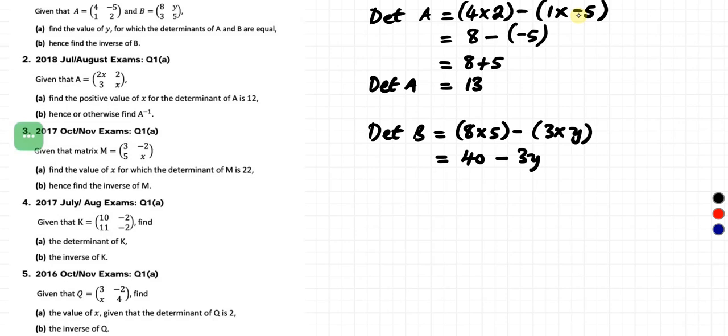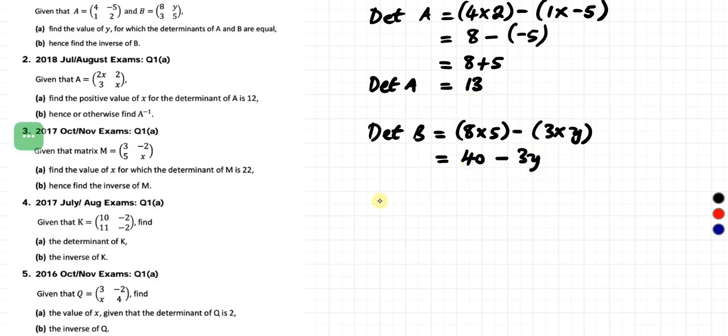I didn't put the brackets here because here I had to maintain the brackets because of that minus here. So now you are told that you should find the value of y for which the determinants of A and B are equal, meaning the determinant of A here, which is 13, is equal to the determinant of B, which is this. So here it has remained like this because we cannot further simplify 40 minus 3y because these are not like terms.